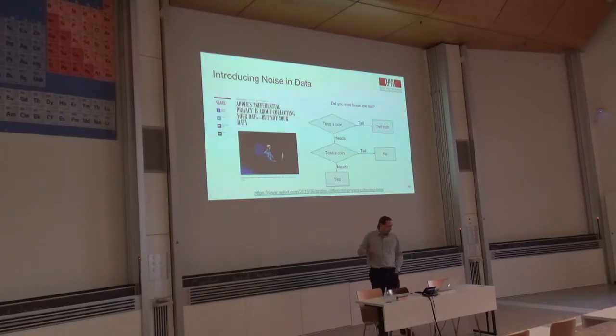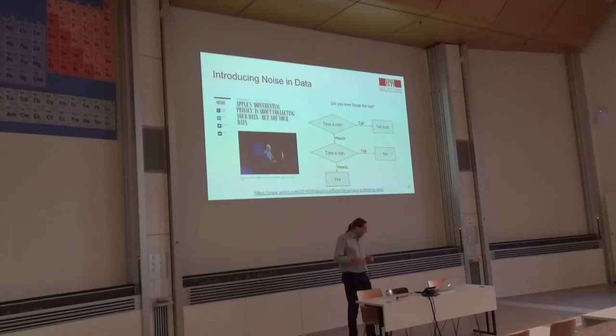So you have to do a little adjustment because in practice, even if 100% of the people who actually answer are reporting, yes, I broke the law, you won't see that as 100% heads. You'll see that as 75% saying I broke the law.